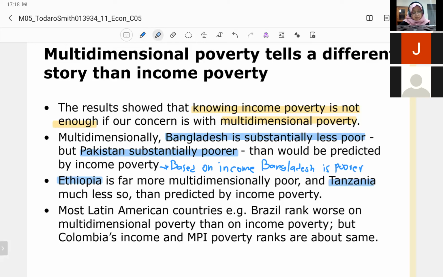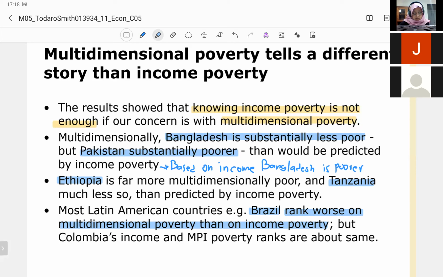And then most Latin American countries like Brazil, they rank worse on multidimensional poverty than on income poverty. So Brazil as a country, their income poverty is not as bad. But if we take a look at the multidimensional poverty, it seems like Brazil doesn't do really well.